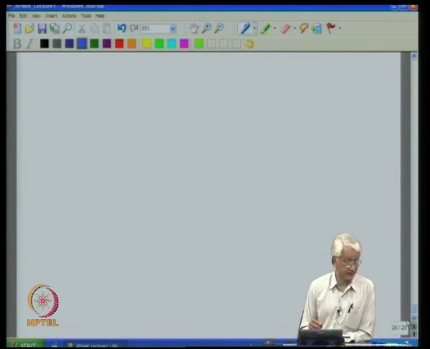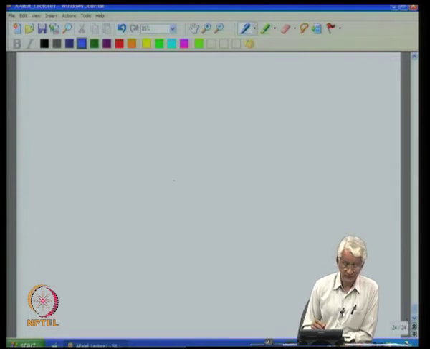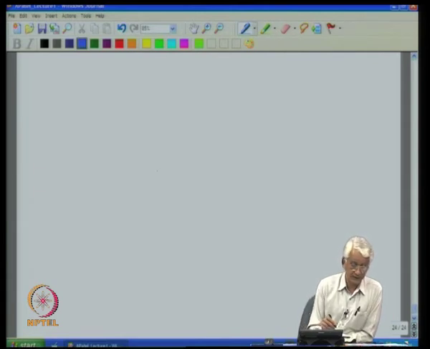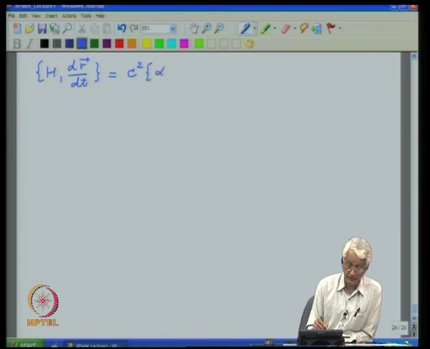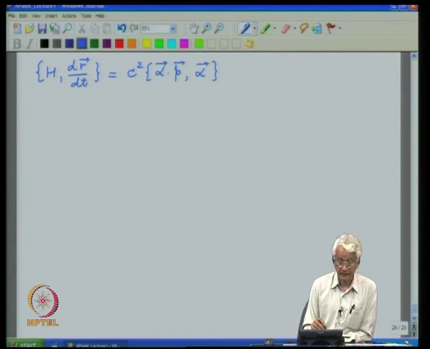One can try to construct some other combination which will work in the sense of relating this particular operator to the momentum, and after some trial and error it can be figured out that one can construct the anticommutator of the Hamiltonian and this derivative of the position operator, which can be now written as the anticommutator of alpha dot p and alpha.